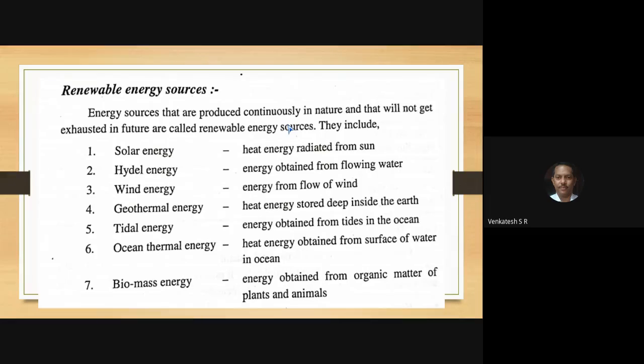What all things are available? For solar energy, we have a lot of systems. From that we can produce electrical current and also hot water, which we can use for bathing and other purposes.